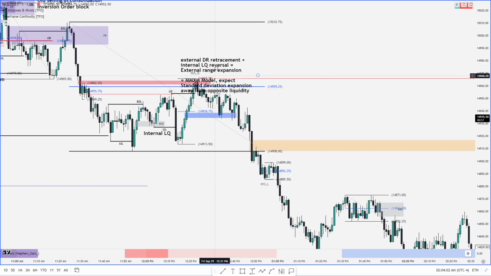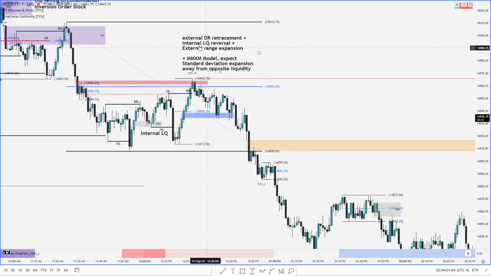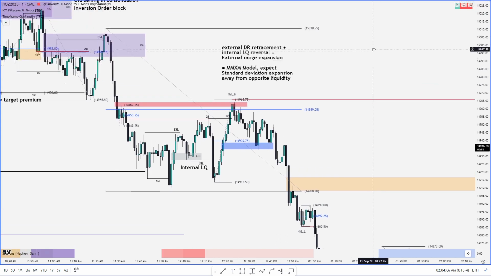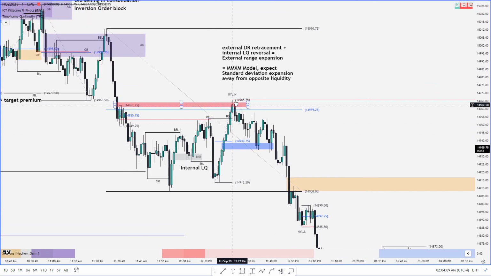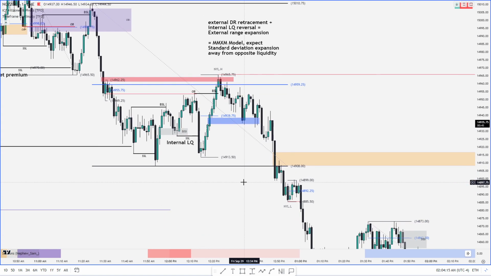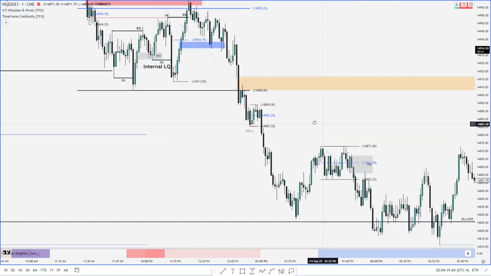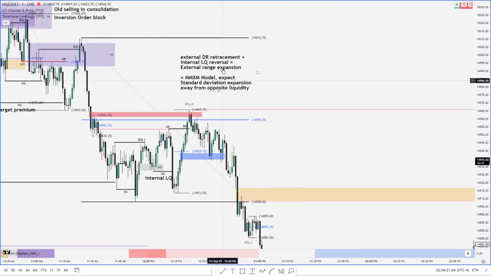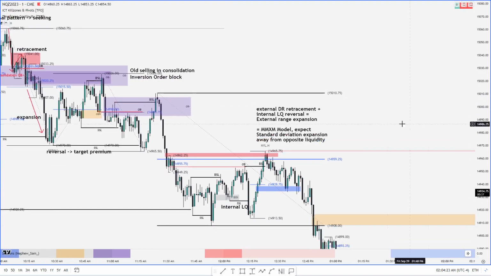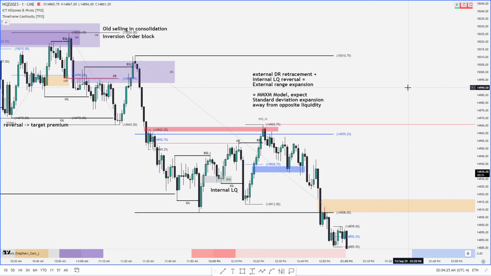So what I mean by that is if you're expecting an expansion, external range expansion. So if you get an internal buy side liquidity run into 50%, you still get a market maker sell model into the external range liquidity, right? That might be the model for market maker X model.